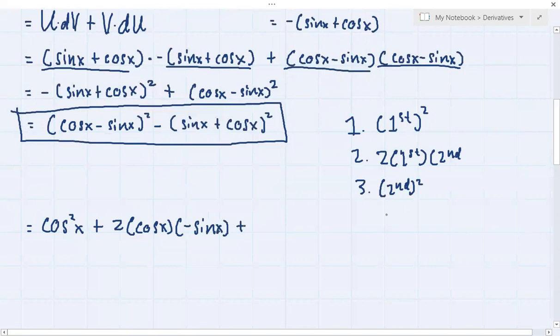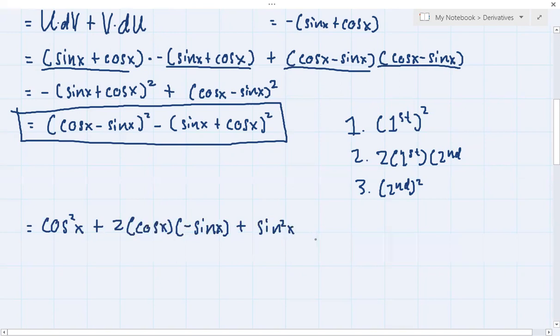Now, lastly, third step is square the last term, which is ito yun, si negative sine x, yung second term dito sa first expression. So we will have the square of sine x. Okay? So mangyayari dyan, we will have sine squared of x.